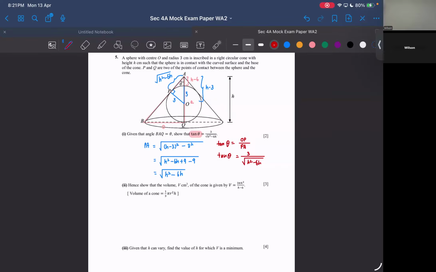Volume of a cone. What is the general formula of a cone? Then it's 1/3 pi r squared h, right?